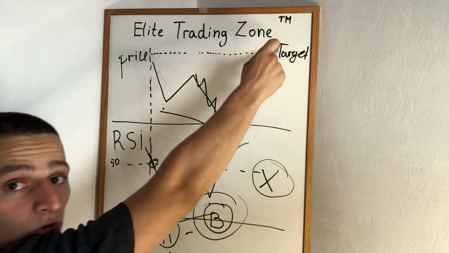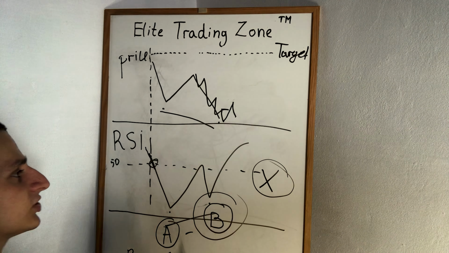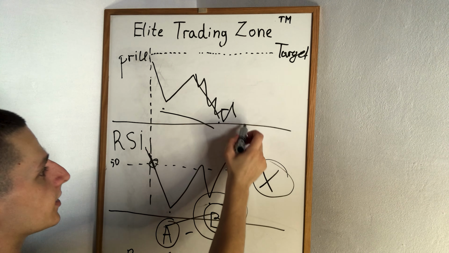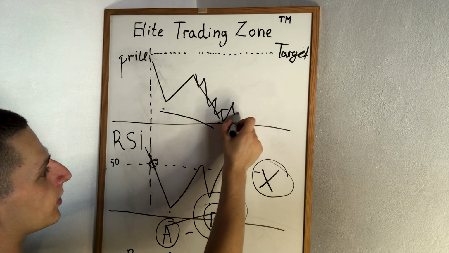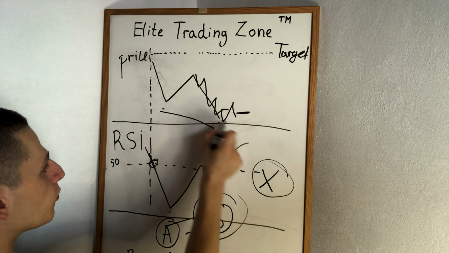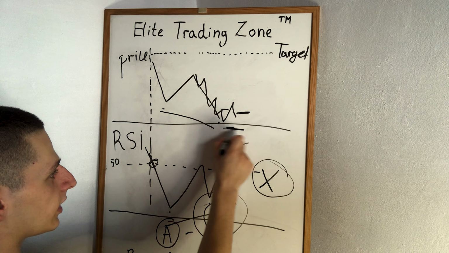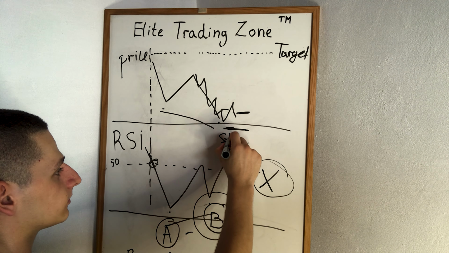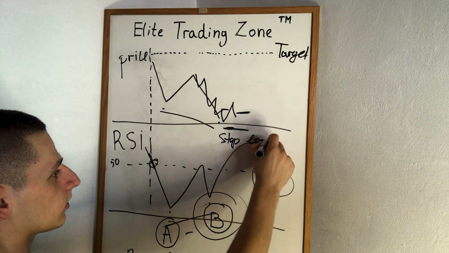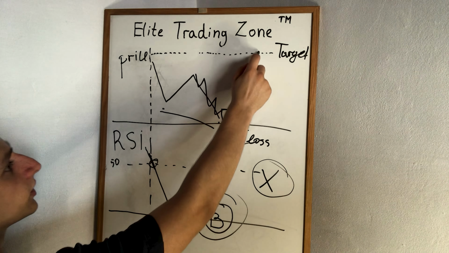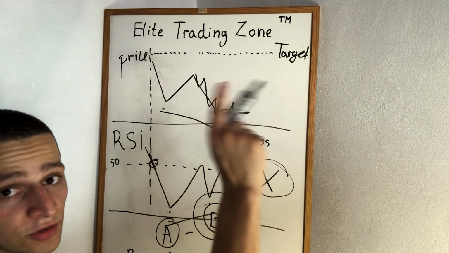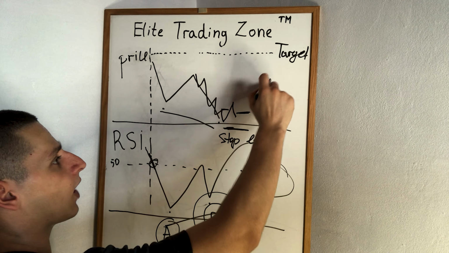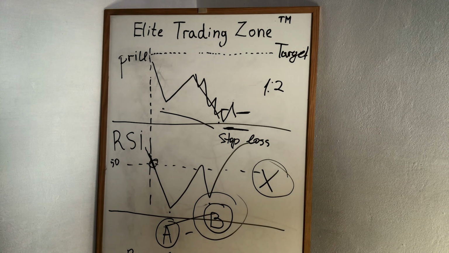We have a target, okay? We can enter into a position. So on the retest here, we enter, for example, here, putting our stop loss below the swing low, and the target here. Minimum 1 to 2 risk to reward ratio.